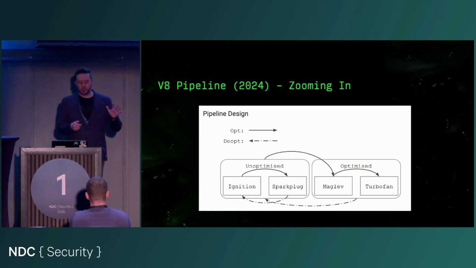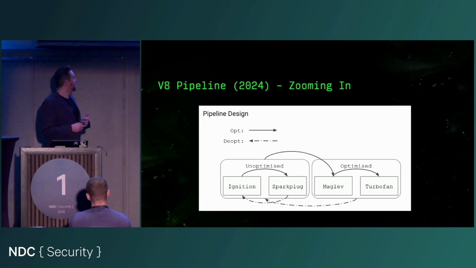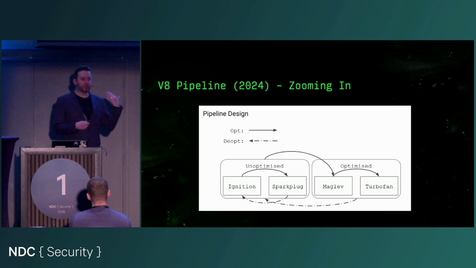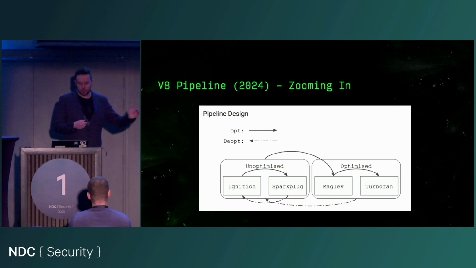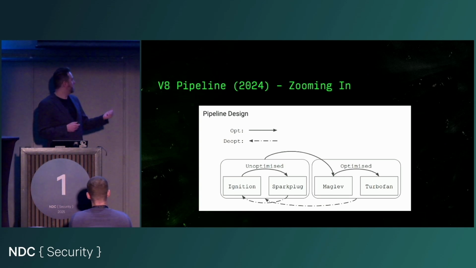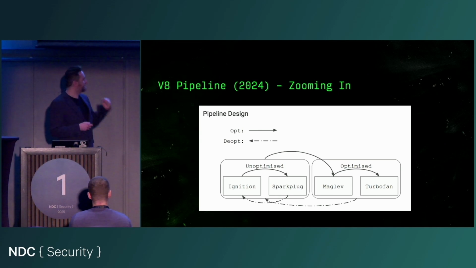Whenever the compiler decides that the code execution requires optimization, it will optimize it, and likewise it will switch back to unoptimized code in case there's a need for that, right? Everything happens at runtime, and depending on the JavaScript code that we are processing, the profiler helps in deciding which compiler is going to execute a specific piece of JavaScript code at runtime.